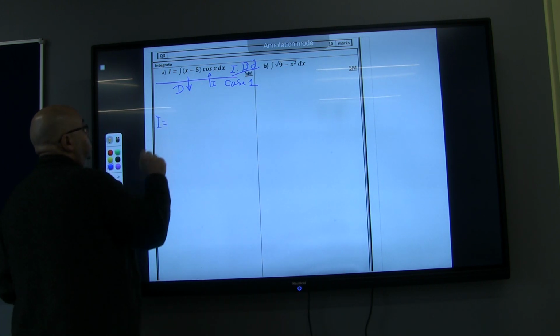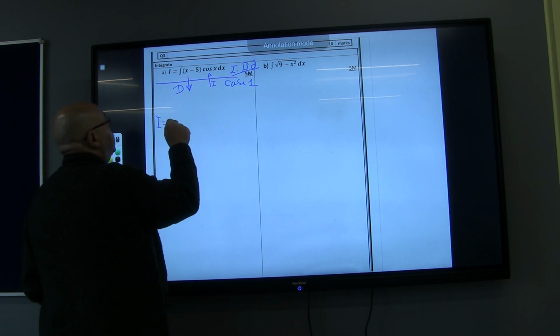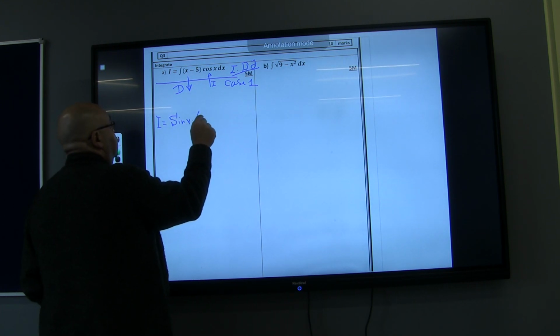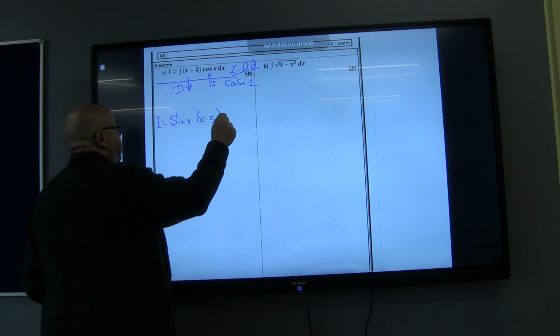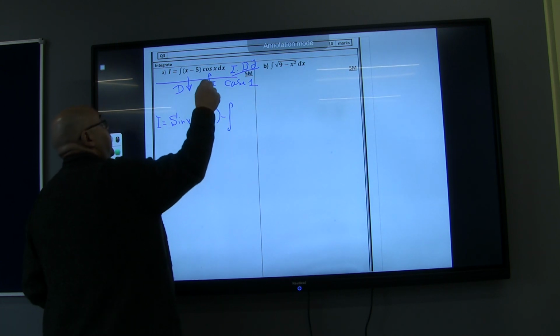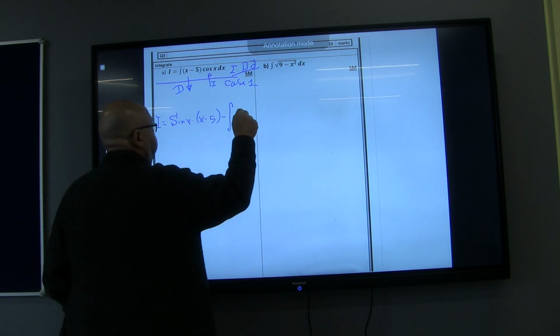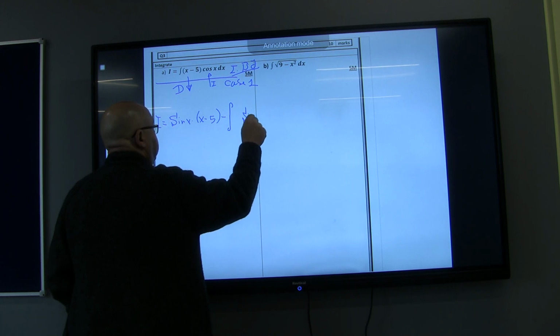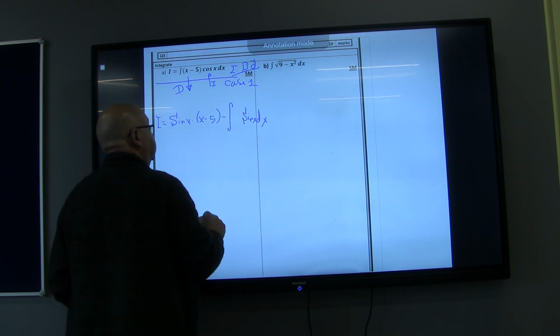Simply the integration will be integrating cosine x, which is going to be sine of x times x minus 5 minus the integral. The integrating part will be inside this integral.